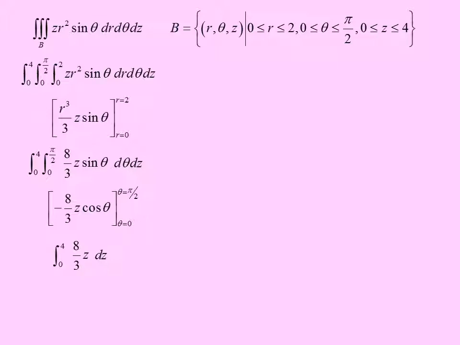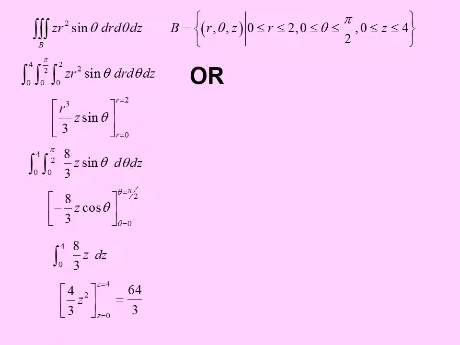And that would just be a z squared over 2, leave the 8/3 alone, and then plug in the 4, 0, and subtract. So the mechanics of doing the integral in cylindrical coordinates is exactly like it is in rectangular coordinates. You're just doing different variables.